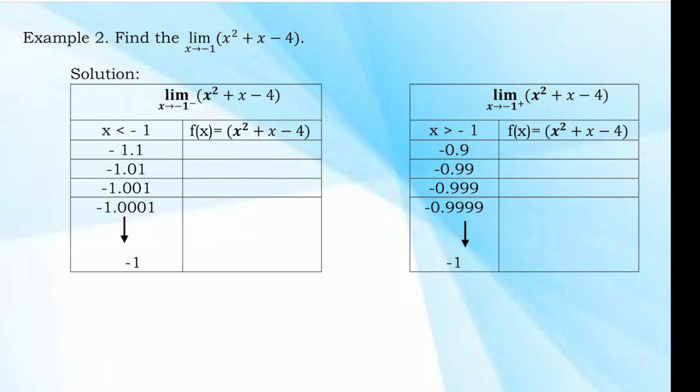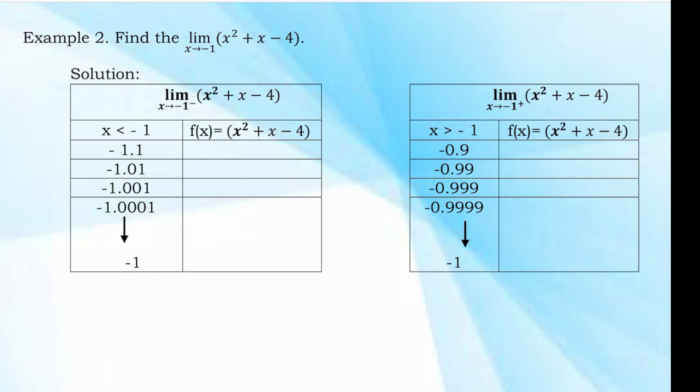For x approaching negative 1 from the negative side, we're going to use the numbers before negative 1, closer to negative 1 on the left side. So we're going to use negative 1.1, negative 1.01, negative 1.001, negative 1.0001, which are closer to negative 1.